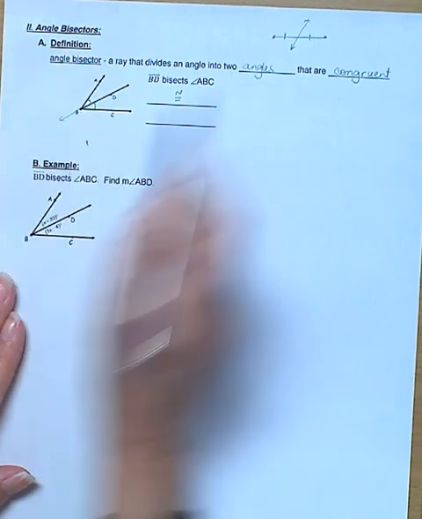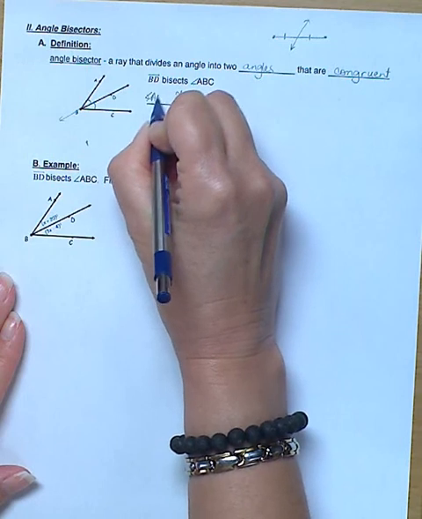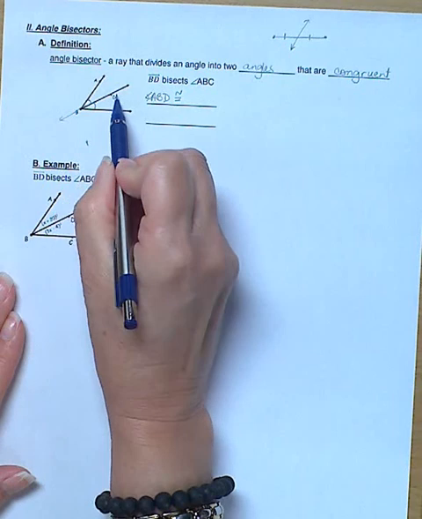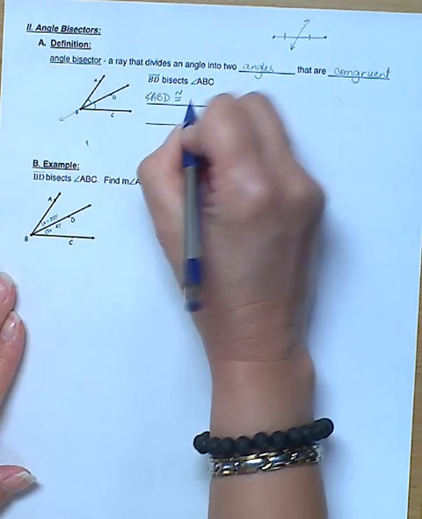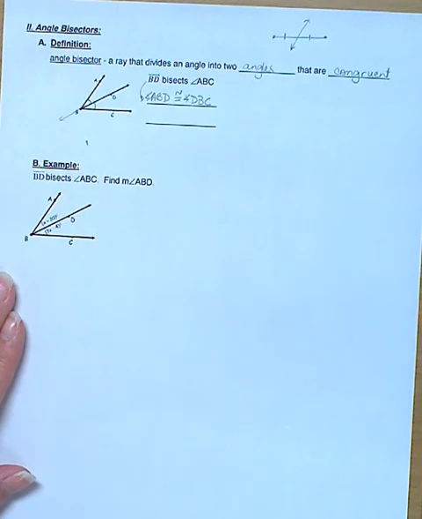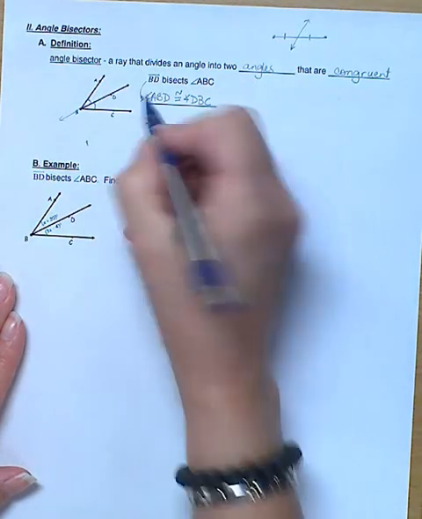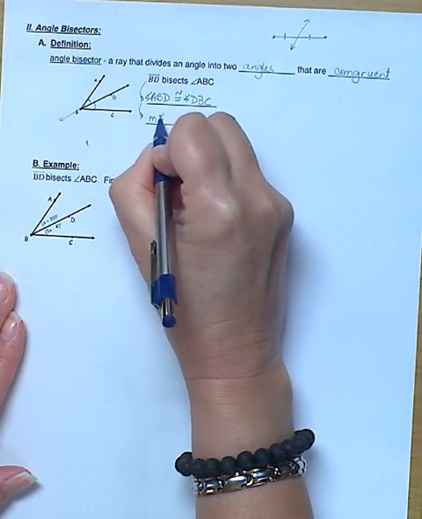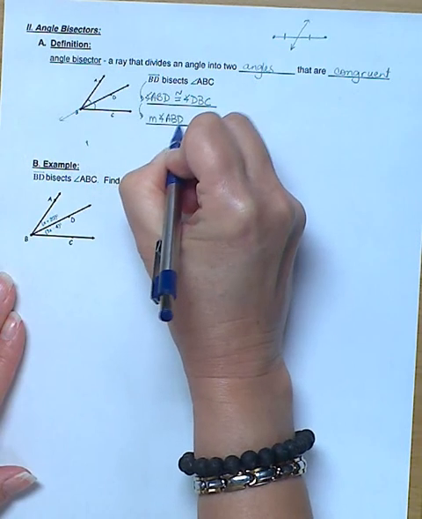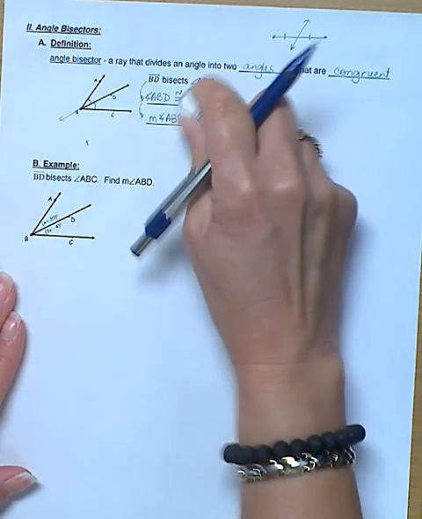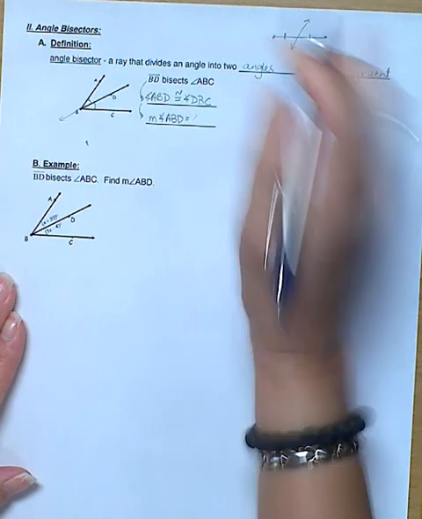Angle ABD is congruent to the lower portion, which is angle DBC. So a bisector in the case of an angle makes two congruent angles, and then the next logical thing is congruent angles have the same measure. So remember that when we talk about an angle, we aren't going to remove something to talk about its measure. We're going to add something on.